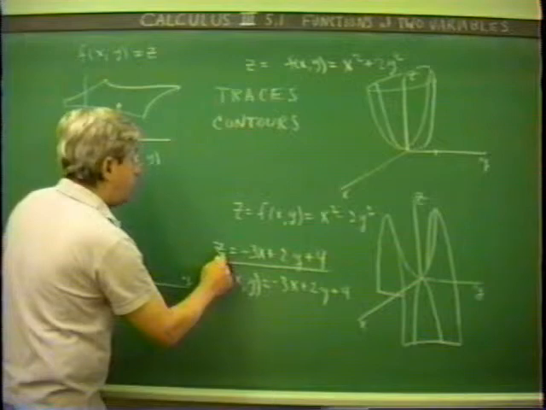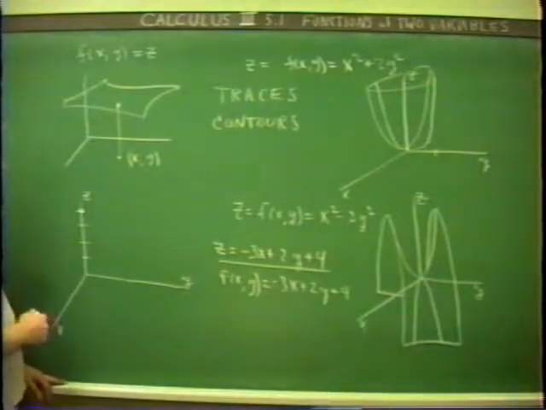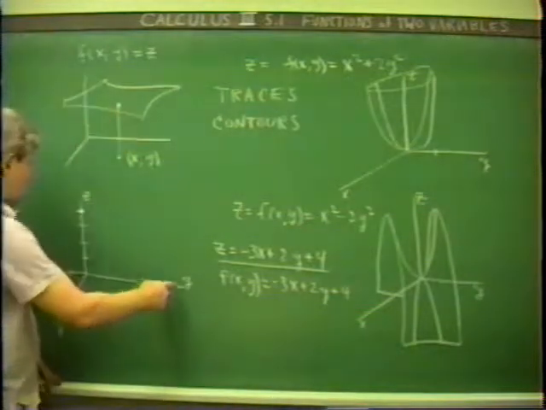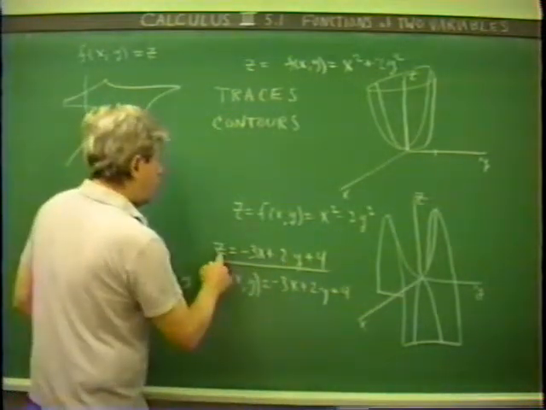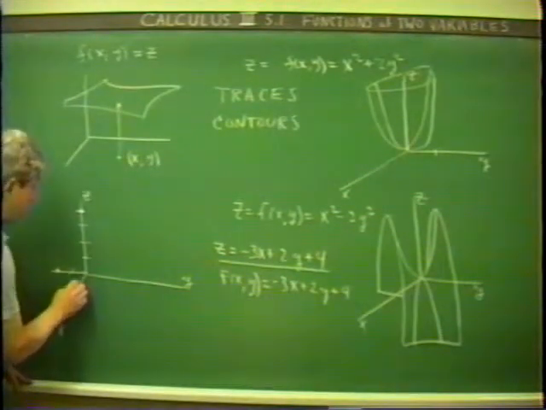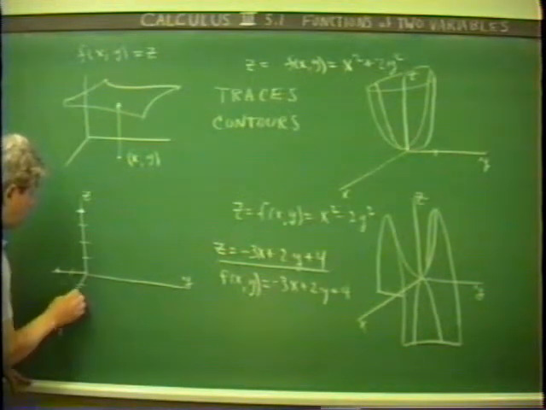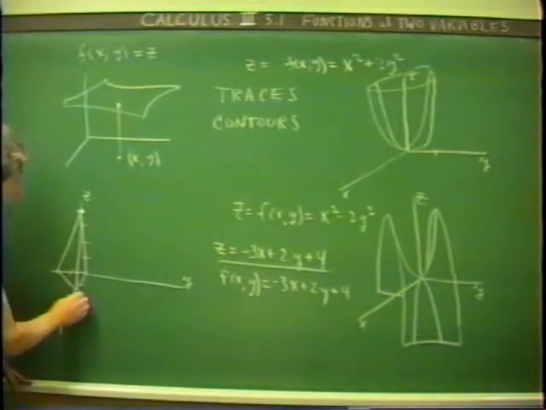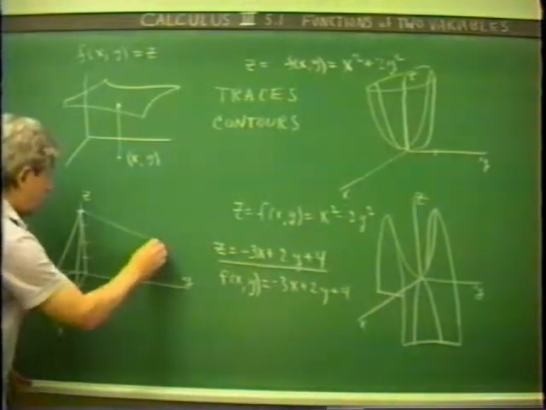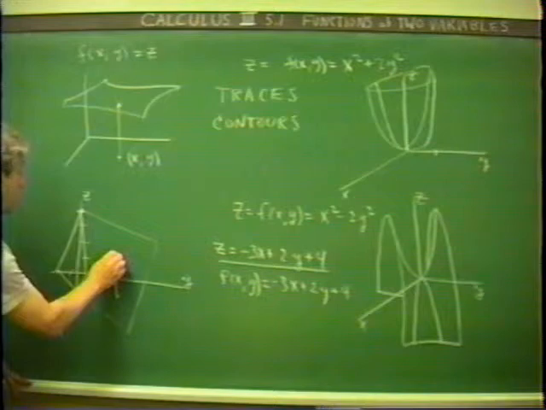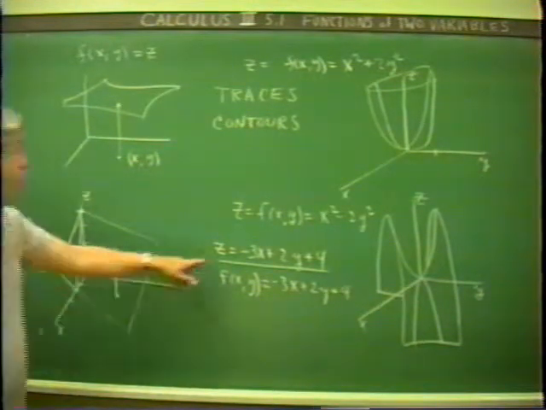When x is 0 and z is 0, then y is equal to minus 2. And so this is a point here on this plane. And when z is 0 and y is 0, we've got x equal to 4/3. So here's another point on this plane at 4/3. The resulting plane is going to be formed with this triangle right here, and continue, of course. And it's going to be this plane, and for each point x, y, there's going to be one value z.